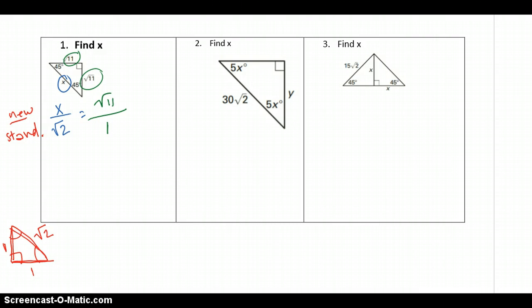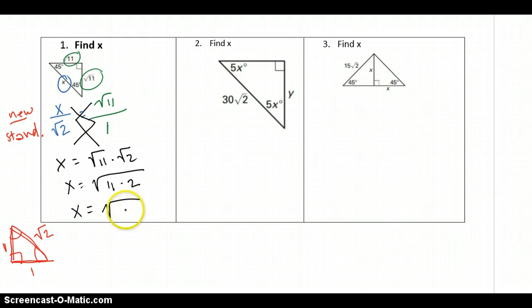I can cross multiply to solve for x. x times 1 just gives me x. Square root of 11 times square root of 2. Again, if I have two square roots multiplied together, I can combine them into one square root and multiply the numbers on the inside. So my final answer will be x is equal to the square root of 22, or 11 times 2.